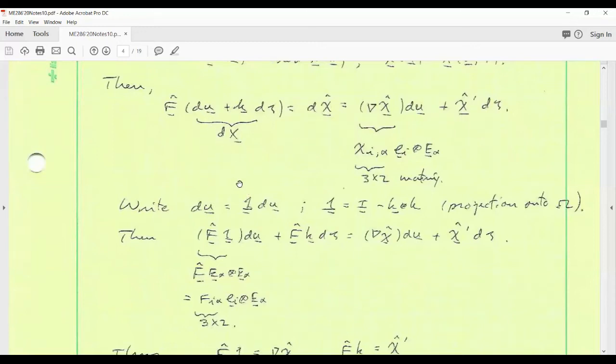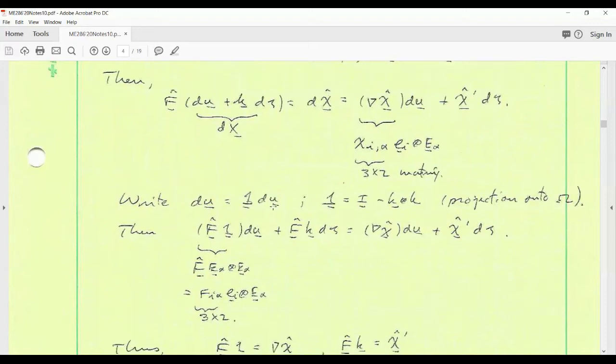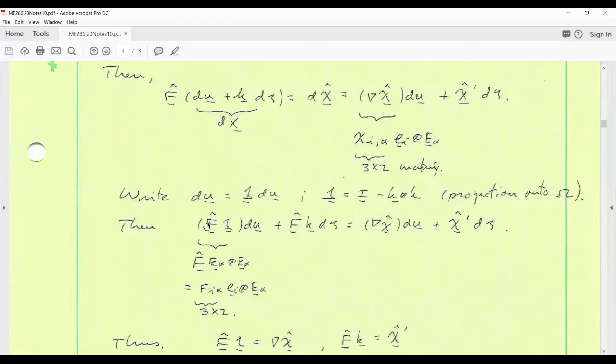So I can write du as 1 du, where 1 is this projection, again not the shifter. Okay. And I'll group terms this way. Then we have f hat 1 all on du, and then I have f operating on k d zeta is two-dimensional gradient of chi du plus chi prime d zeta. Now this f1 business, the projection is the same as e alpha tensor product e alpha, where e1 and e2 is an orthonormal basis, and e1 cross e2 is k.